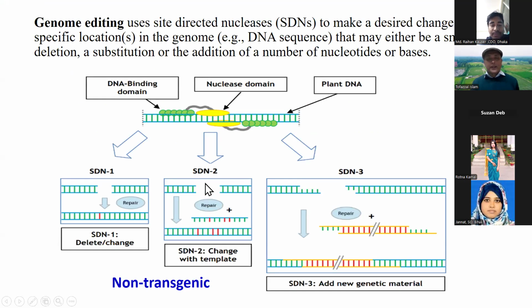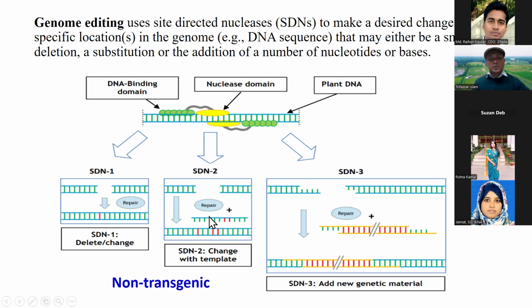Yes, sir. Visible. Okay. SDN2: after the double strand break, DSB, by the CRISPR-Cas system, depending on your guide RNA, in the specific location, you can put a template. Template is if a gene is somehow mutated and became incorrect, you can correct it this way. One, two, or three nucleotides may be wrong compared to the normal natural organism due to some mutation.